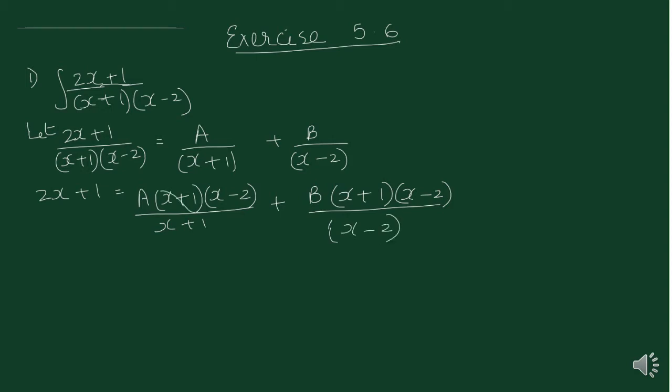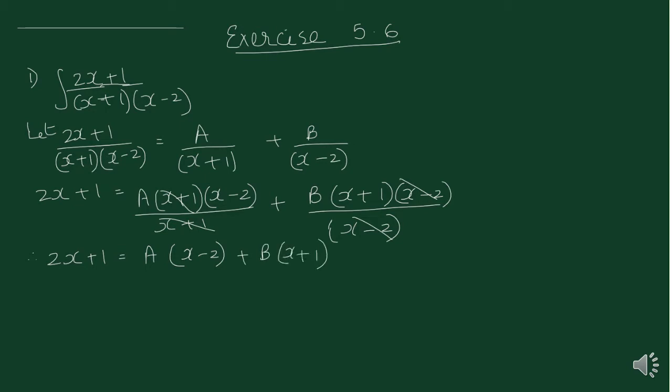Now what happens is (x + 1) gets cancelled in the first term, and (x - 2) gets cancelled in the second. Therefore, we get 2x + 1 is equal to a into (x - 2) plus b into (x + 1).